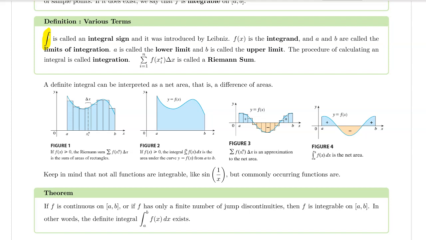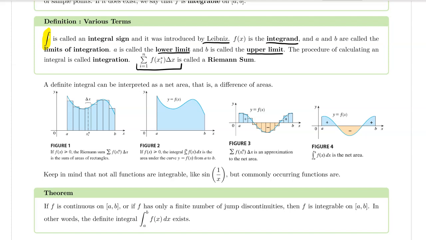It's meant to look like an S because an integral, or a definite integral, is essentially a sum, and summation starts with S. It was introduced by Leibniz. f of x, the function that we're integrating, is called the integrand, and a and b are called the limits of integration. a is called the lower limit of integration, and b is called the upper limit of integration. The procedure of calculating an integral is called integration, and this summation here is called a Riemann sum.